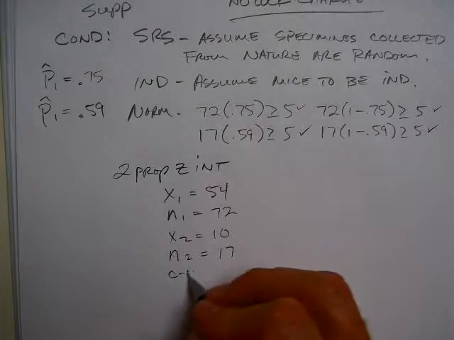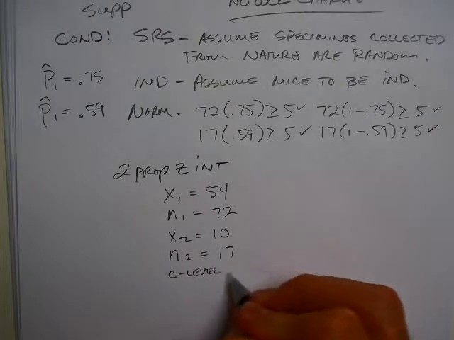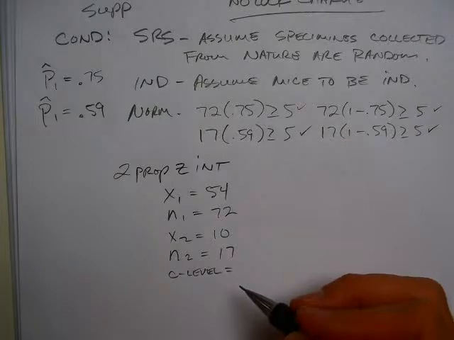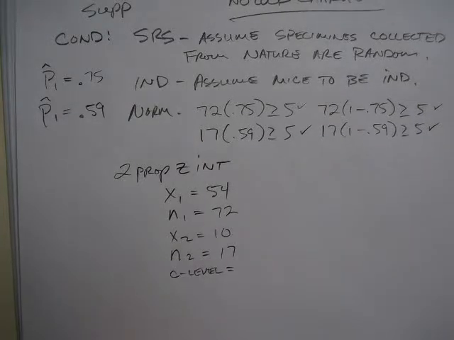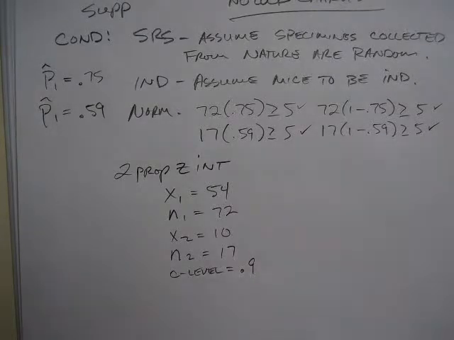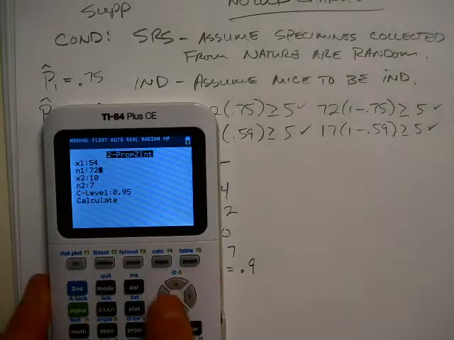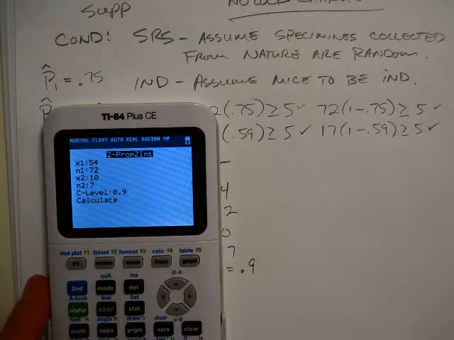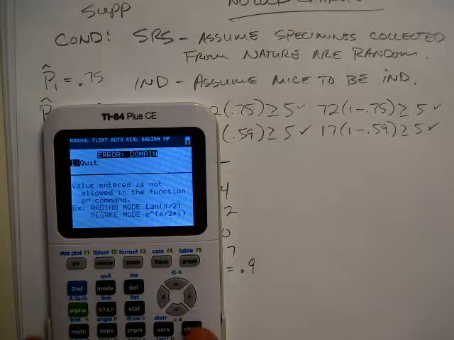Confidence level, let's see, they want 90%? 90%, yeah. So all I need to do is change that 95 to a 90. What? What?